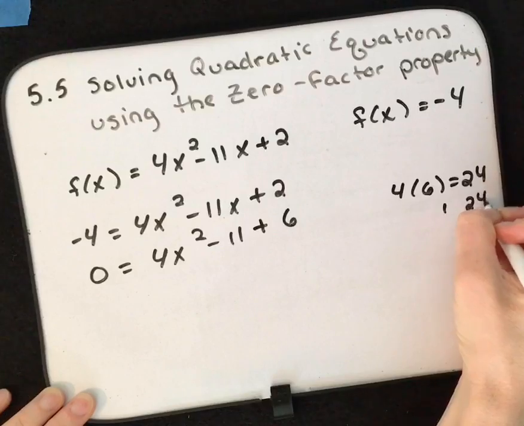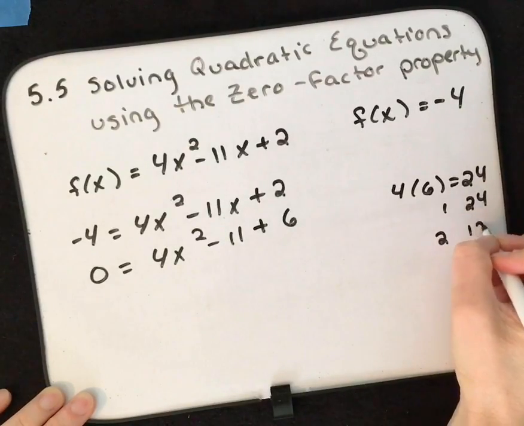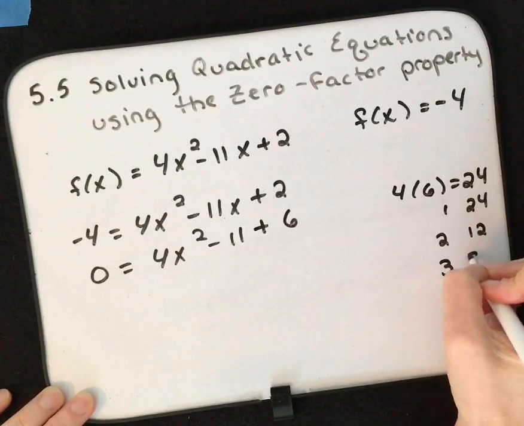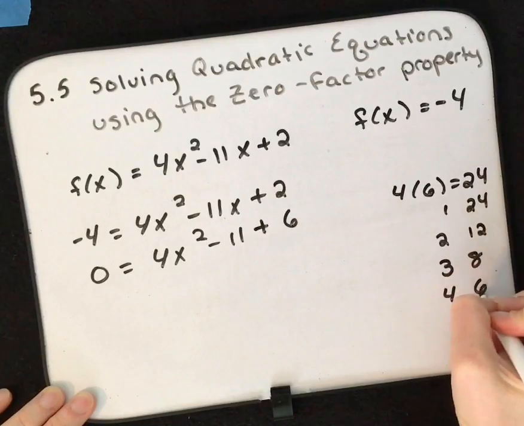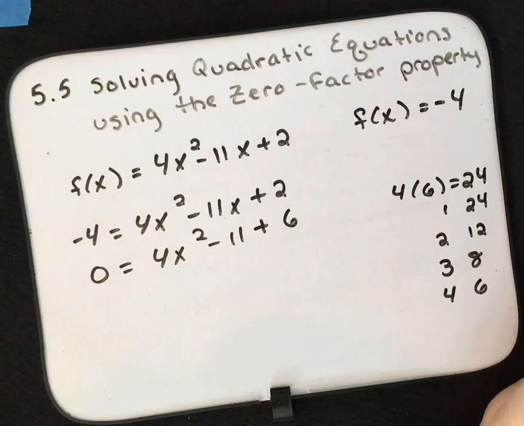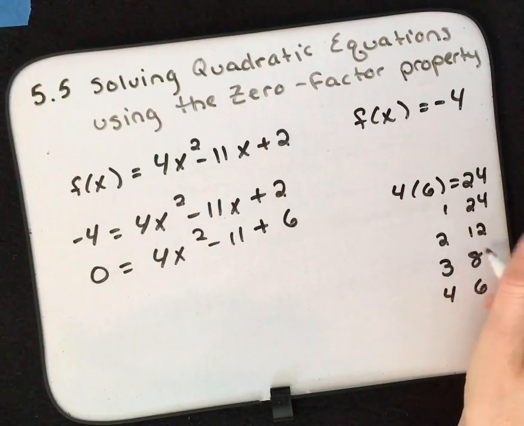That is 1 and 24, 2 and 12, 3 and 8, 4 and 6. And I think that's all of them. So looking down through our list, we need to be able to get to 11. Well, 8 and 3, that'll give me 11. So let's use that one.